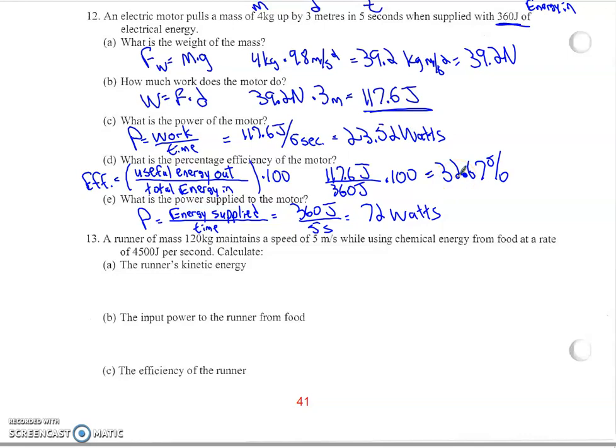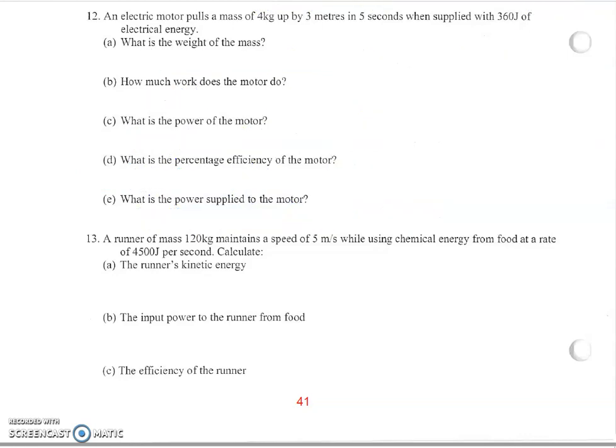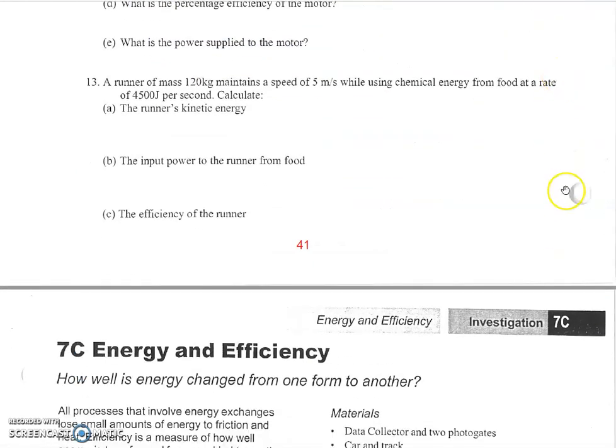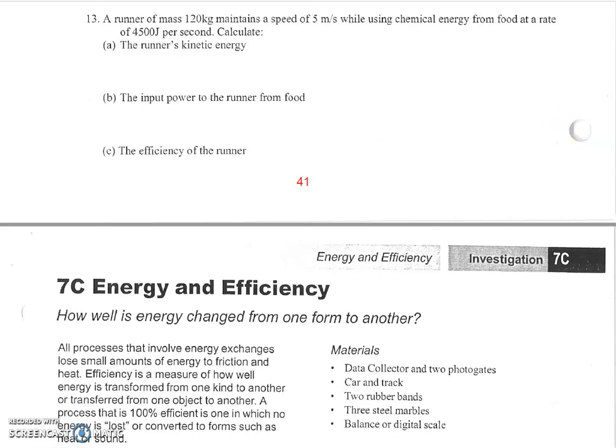All right, the last problem, number 13. A runner has a mass of 120 kilograms, maintains a speed of 5 meters per second while using chemical energy from food at a rate of 4,500 joules per second. All right, so kinetic energy is 1/2 mv squared.